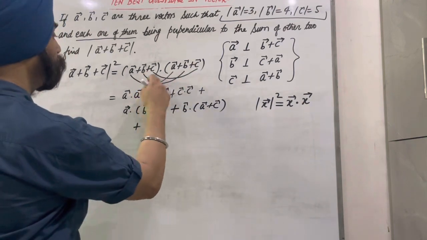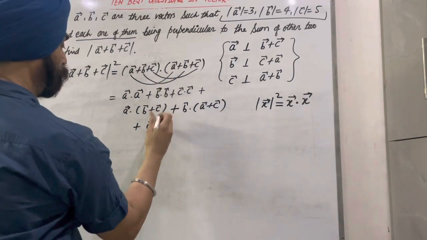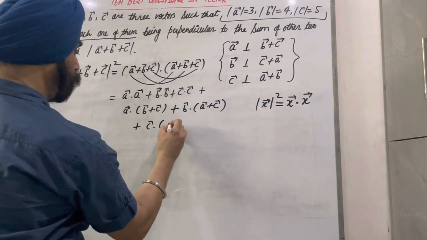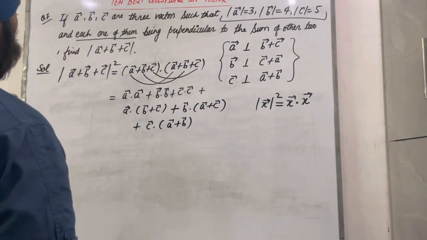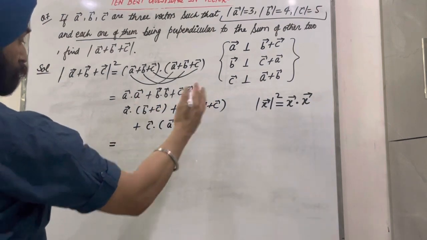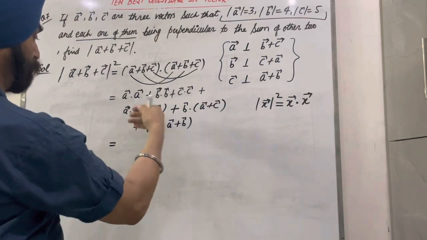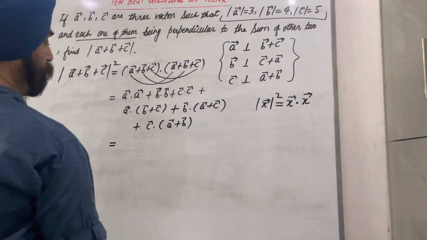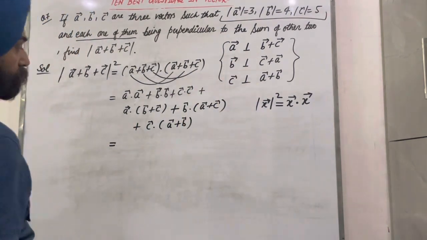So with C, A is left, with C, B is also left. So I'll be writing vector C with the sum of vector A and vector B. No need to expand throughout, meaning I don't need to write A dot B plus A dot C, B dot A plus B dot C. Can open it in a systematic manner so that you have to do the least calculation work.